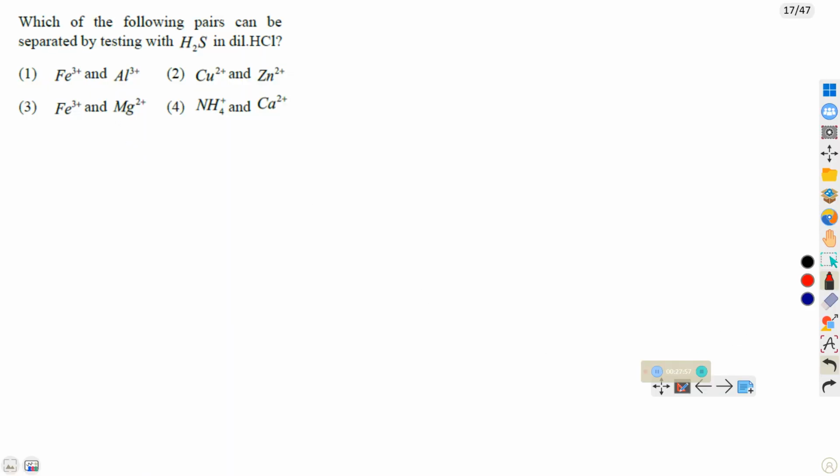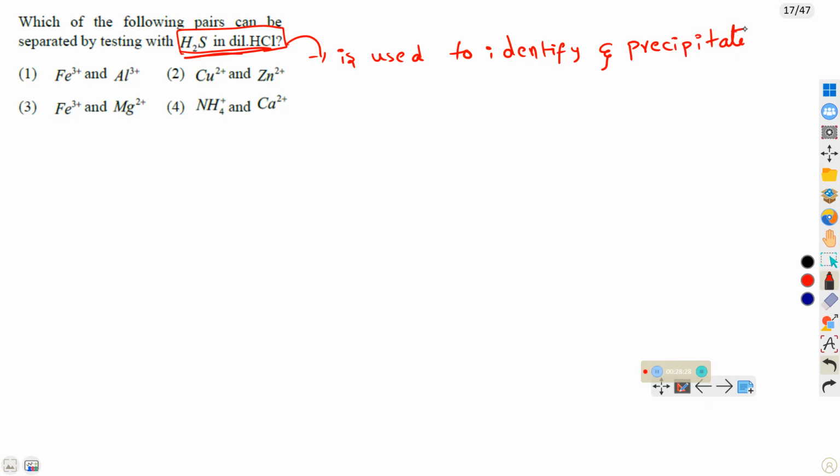Which of the following pairs can be separated by testing with H2S in dilute HCl? H2S in presence of dilute HCl is used to identify and precipitate cations.